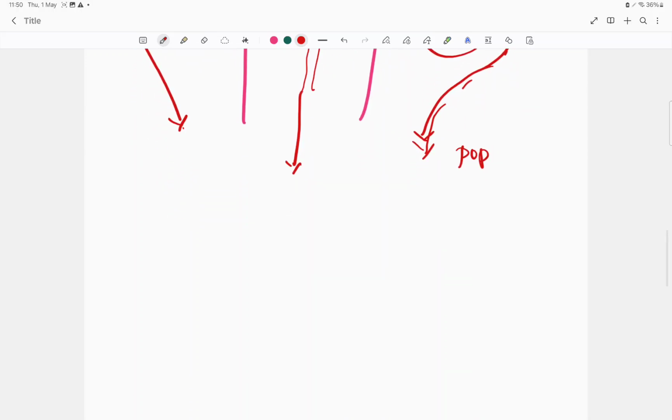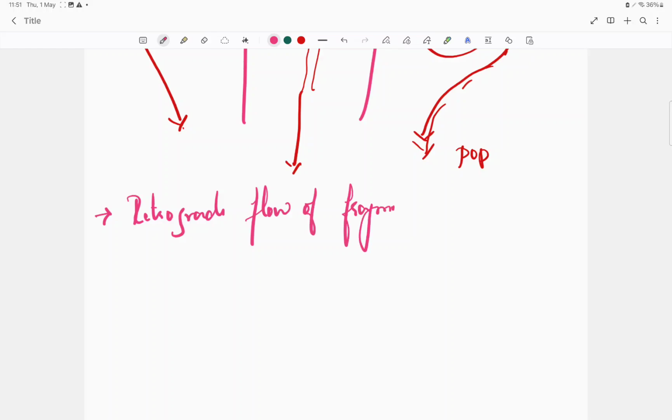That is called retrograde flow of fragments of endometrial tissue. This point is very much important, and I am writing all this because it is a very important point.